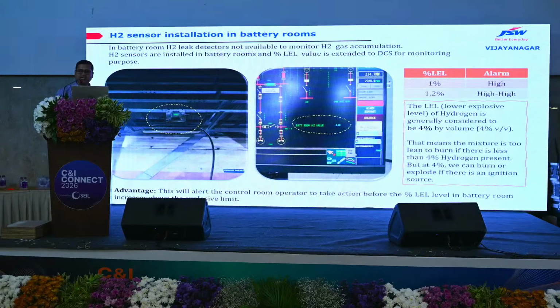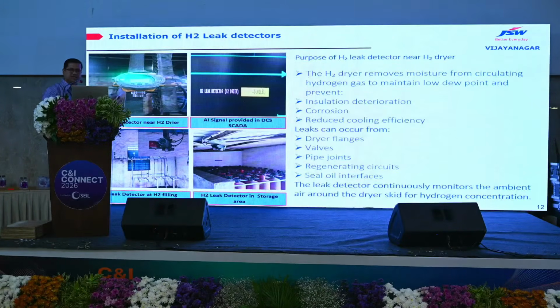Any H2 gas formation alerts the operator, as it is hooked up to DCS. Now we have also installed H2 sensors in the H2 dryer system, and wherever the H2 cylinders are installed in remote areas, it is announced in the system, and H2 sensors are installed to alert the local storage systems and operators.